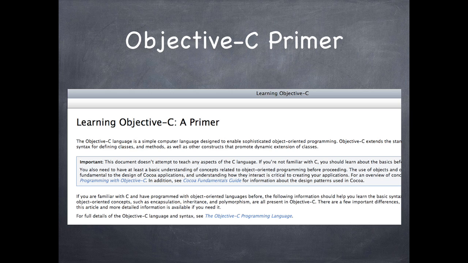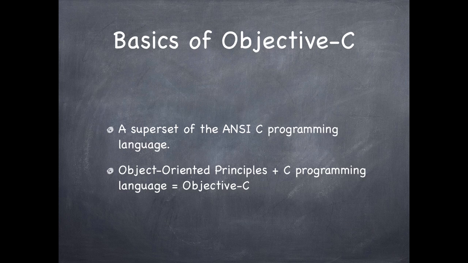Just to note here, Objective-C is actually a superset of the ANSI C programming language. If you're familiar with C, syntactically and even the ideas, which would be really important, as well as Java, it would be a great advantage for learning Objective-C.